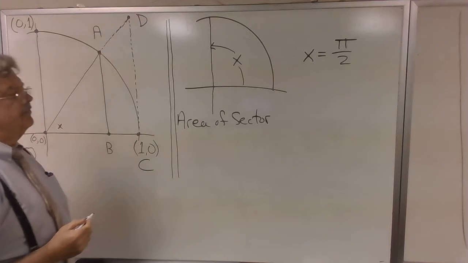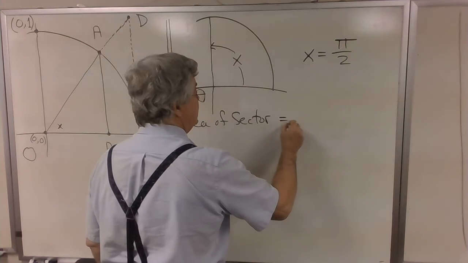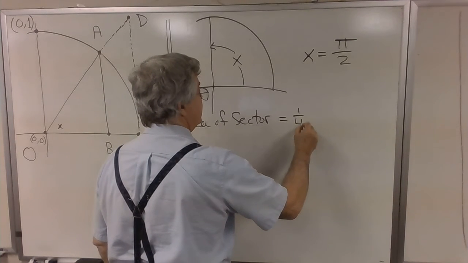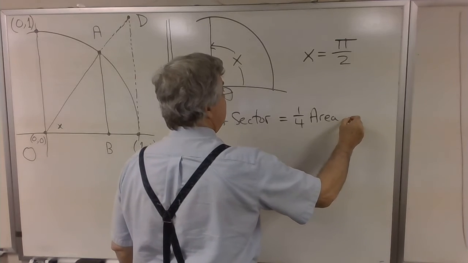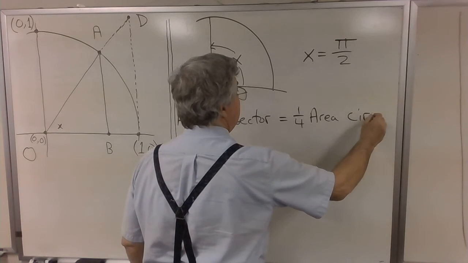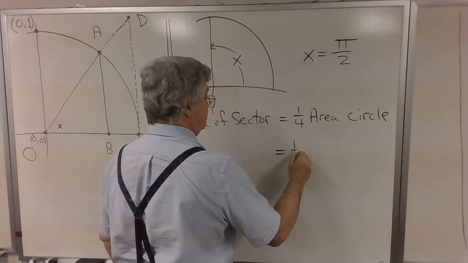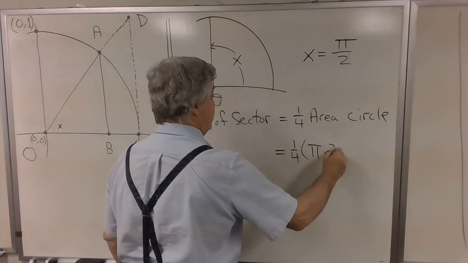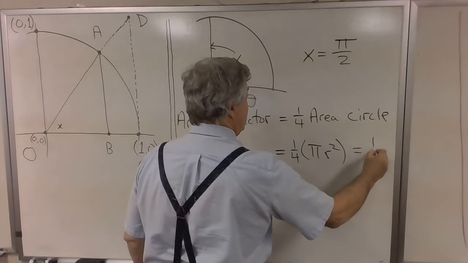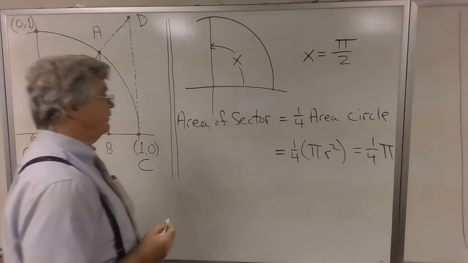The area of the sector is equal to 1/4 the area of the entire circle, and that's equal to 1/4 pi r squared, or 1/4 pi.